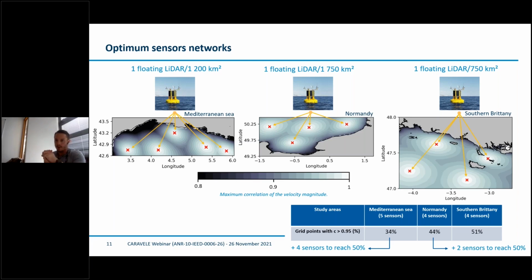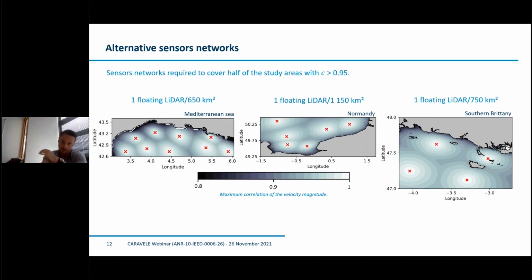If we want a correlation of 0.95 in more than half of the region for each study area, we would need to add 4 more sensors in the Mediterranean Sea and 2 more sensors in the Normandy region, which will give an alternative sensor network like this one. So a sensor network composed of 9 sensors in the Mediterranean Sea, 6 sensors in the Normandy region, and for the Southern Brittany region, it doesn't change.